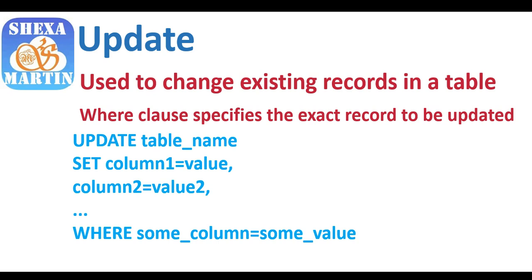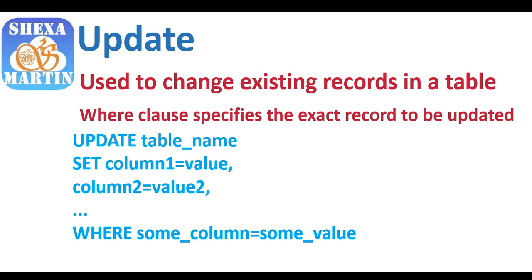And here is the syntax. If you want to update a record or some records, what you do is you say update. Update is the keyword, and then you specify the table name, and then you say set, being a keyword, and you specify the column that you want to change the value of, and then you specify the value.